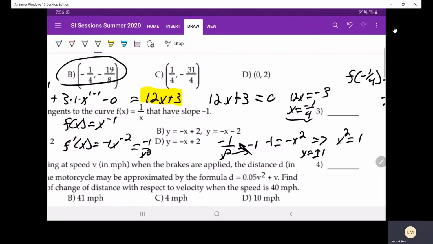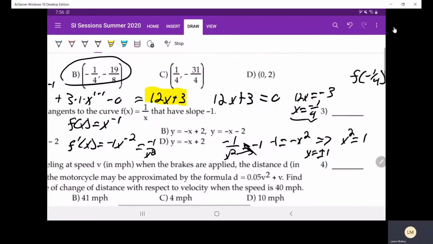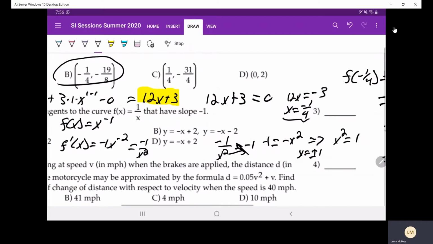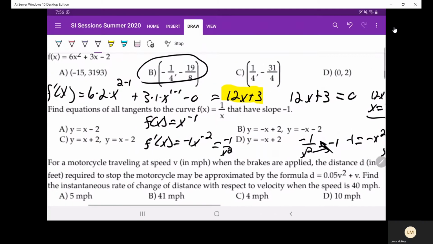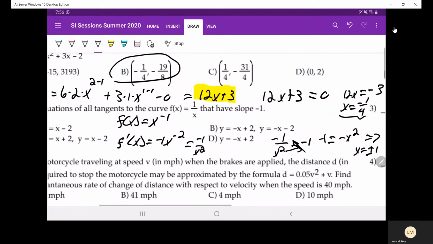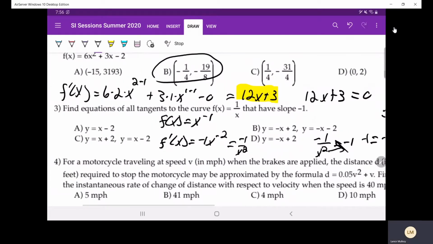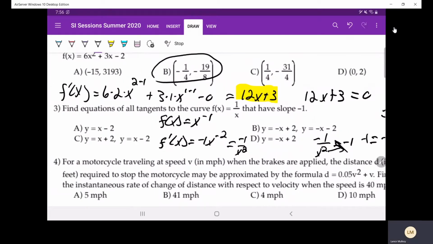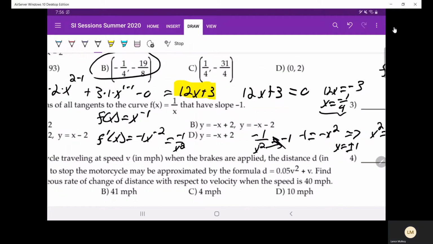Okay, so you have two equations, but you only have one answer. You have one -1 here. So at x equals -1, sorry, I've had a long day, you have a slope of -1.